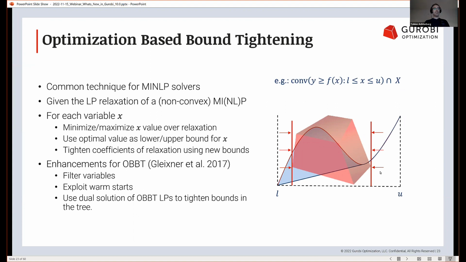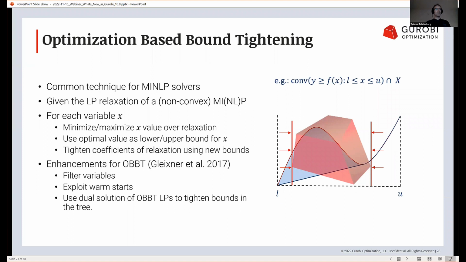So this is of course nice, tighter lower and upper bounds for variables often help, but in the non-convex case, you get an even better improvement from that, namely that the linear relaxation, so the outer approximation of the non-convex constraints, heavily depends on the bounds, and this then also becomes tighter if the bounds become tighter.